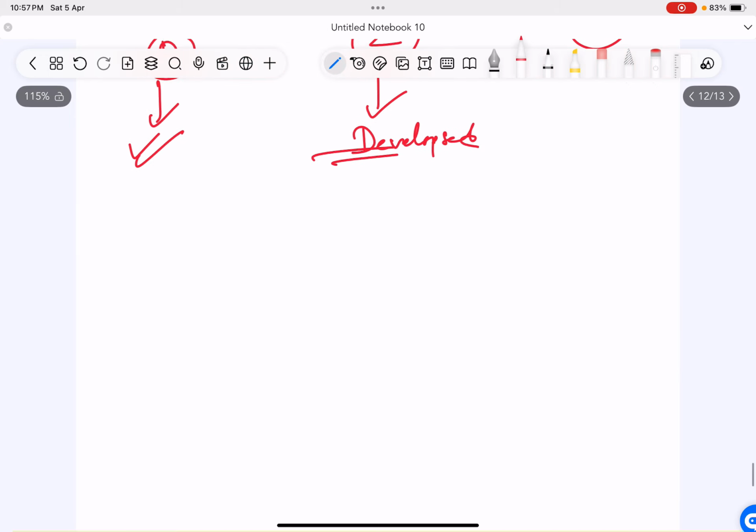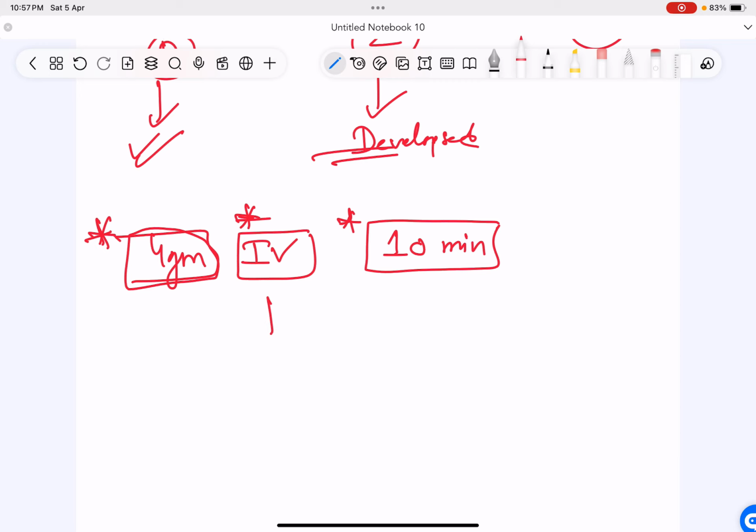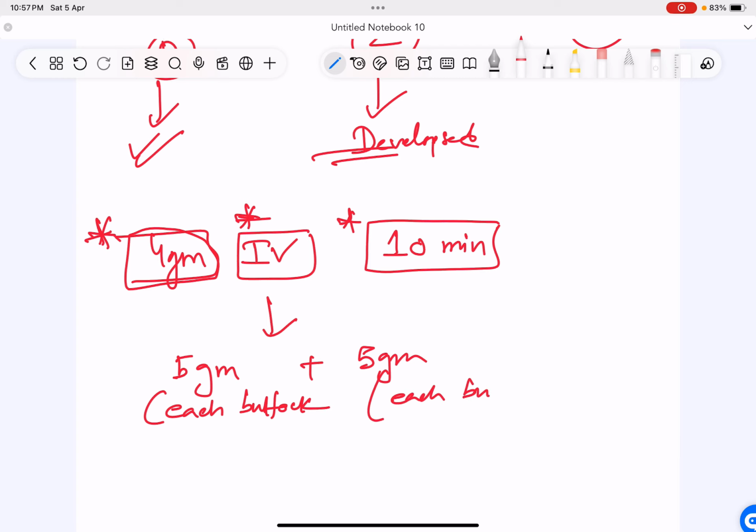So most common is given Pritchard, which is 4 gram IV. This is important. 4 gram, point number 1. Point number 2, IV. Point number 3, over 10 minutes. Then 5 gram plus 5 gram in each buttock, total 10 gram.